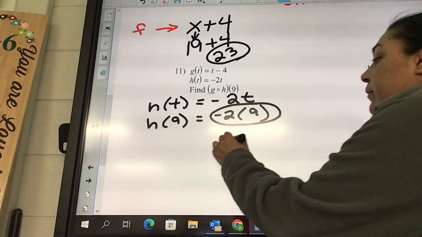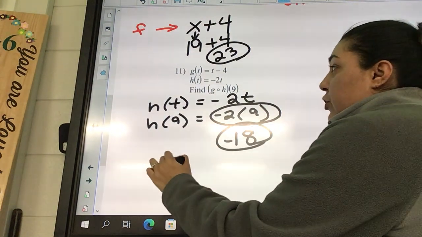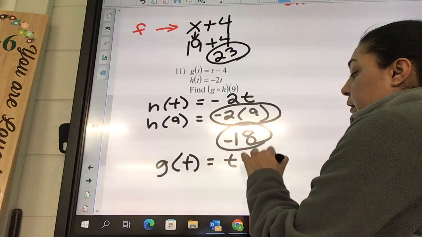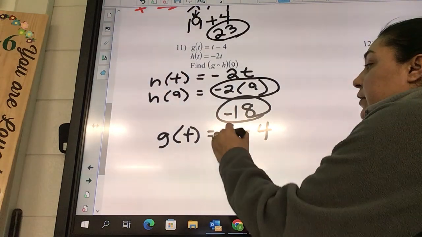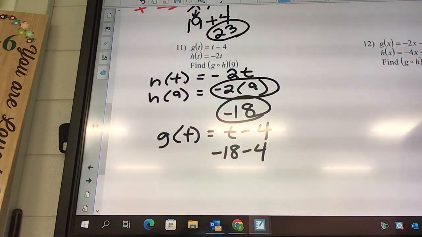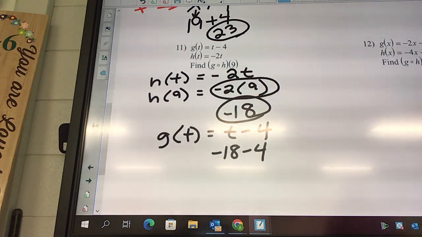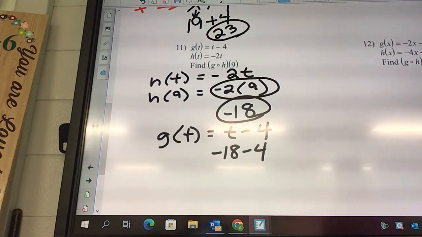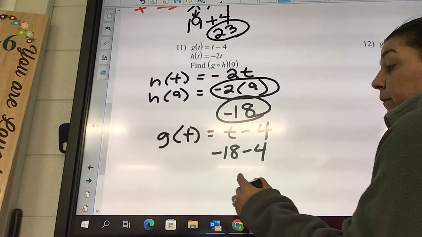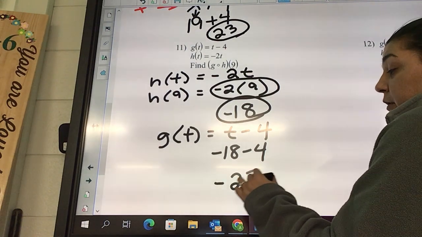Negative 18. Now we're going to plug that into g of t, so it's negative 18 minus 4. What is negative 18 minus 4? Negative 22.